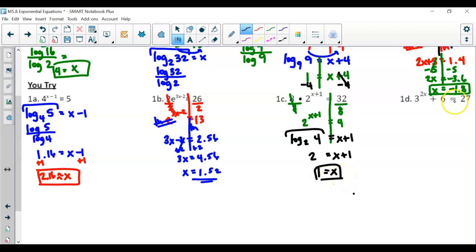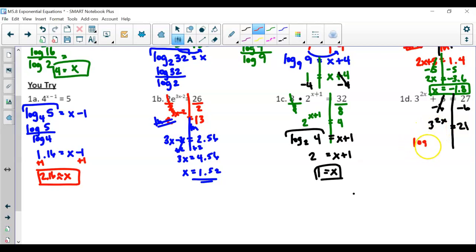So then our last one here, now the exponential again, not by itself, you're adding 6. So you need to first subtract 6, right? Get the exponential by itself. So now you've got 3 to the 2x is equal to 21. So again, it's an exponential. Don't divide by 3 and say 7, right? It's an exponent. Write it as a log.